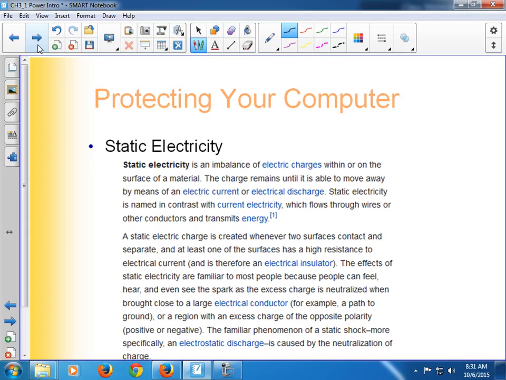Okay. You guys understand what static electricity is just from reading that? It's that buildup of difference that I get when I walk around on my shag carpet and shock my sister over and over again until she screams. Never did that. Okay, I did. My sister's 3 years younger than me. I was a mean big brother.